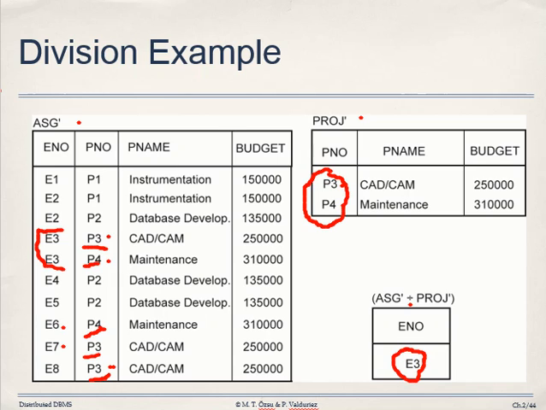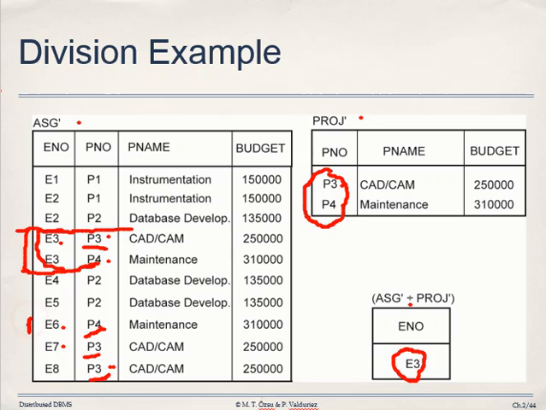Are you getting what we want? We want the result of employees who are currently working on the P3 project and the P4 project. So when we look into the ASG table, we have only one record, employee E3, who is currently working on the P3 and P4 projects.